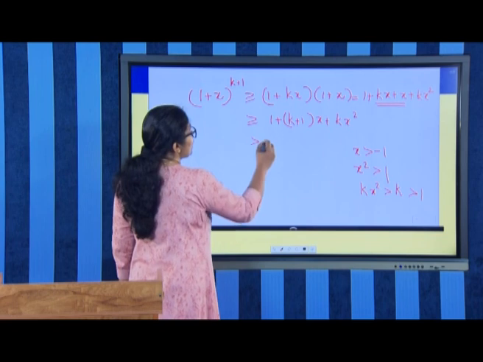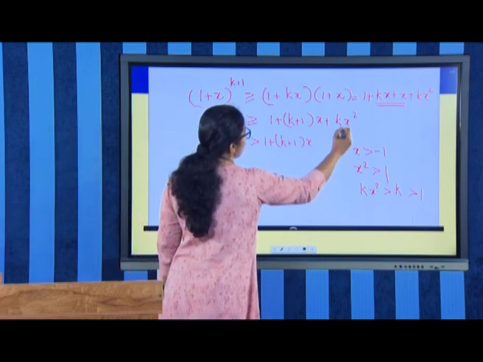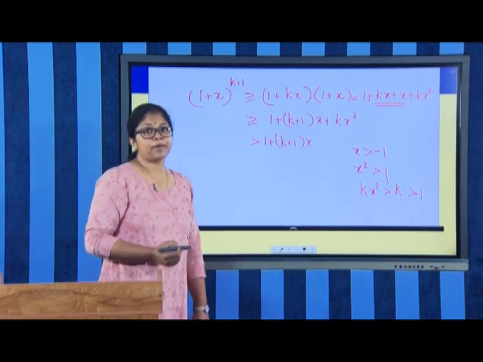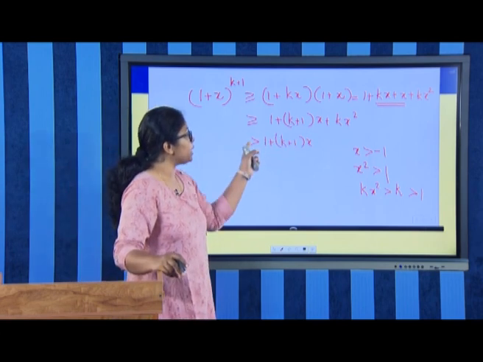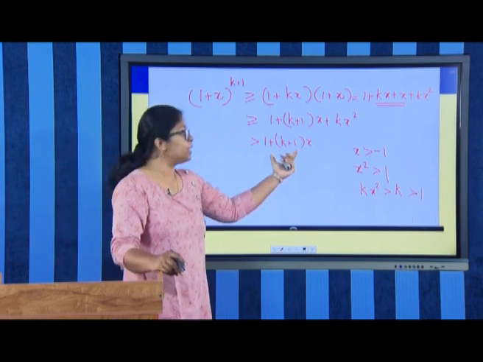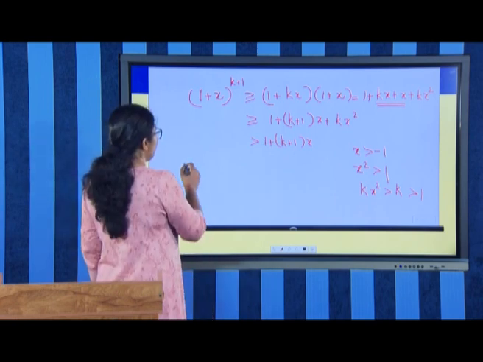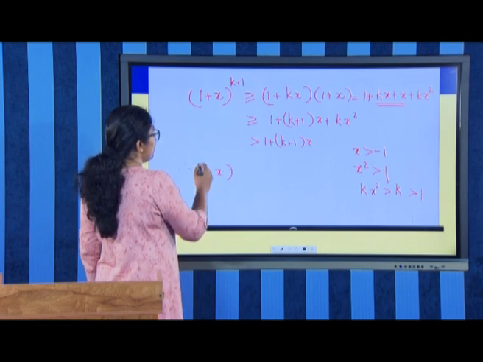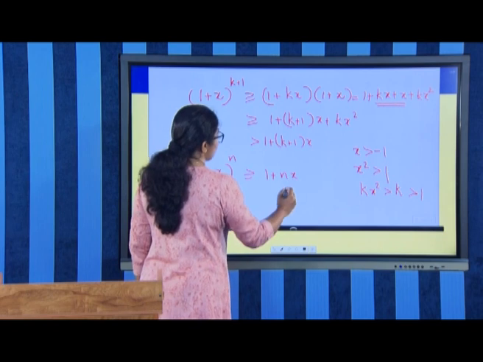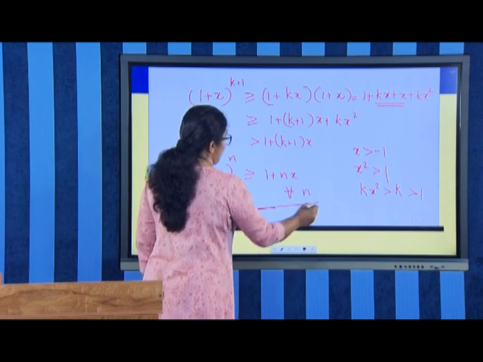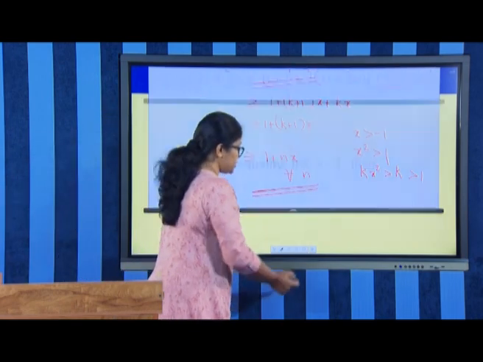So, this is strictly greater than 1 plus (k plus 1) times x, because we are having some natural number or some real number which is greater than 1 added up to this. So, being an inequality, we can replace it by a still lower number. Therefore, Bernoulli's inequality is satisfied: (1 plus x) power n is greater than or equal to 1 plus nx for every natural number n. So, that completes the proof of Bernoulli's inequality.